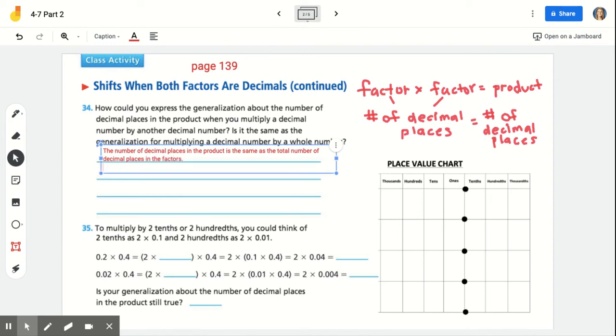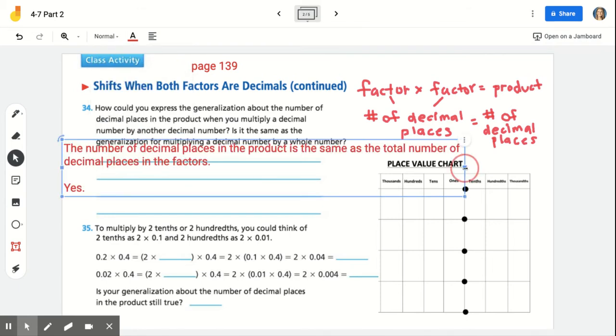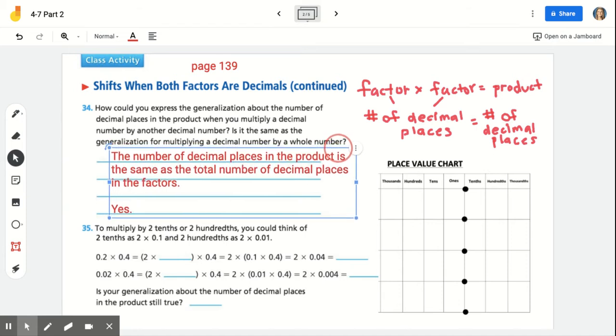And is this the same generalization when we multiply by whole numbers? Yes. That was a two-part question. You know, that's probably really small for you guys to see. Let me make it a little bigger. I apologize. Okay, hopefully that's a little easier.